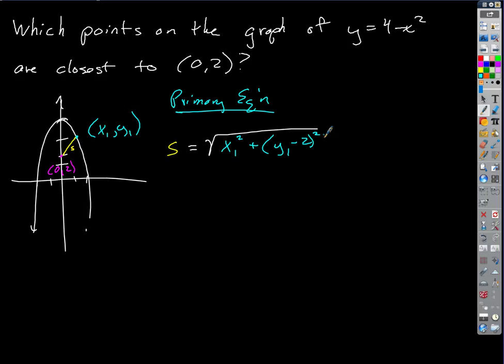No, right? S squared, isn't this a better equation? And you don't have to do it this way, this is just a good little trick. S squared would equal x1 squared plus the quantity y1 minus 2, squared. Isn't the square of distance going to be a minimum when distance is a minimum? Right? So let's just call that f. That's our function that we're going to minimize. Does that make sense? We might as well minimize s squared, right? Okay, we'll pick that up tomorrow.